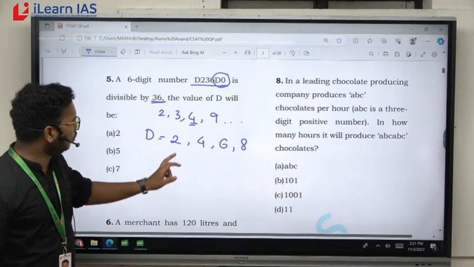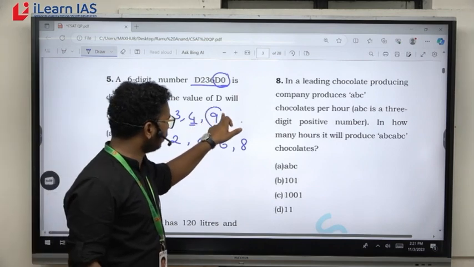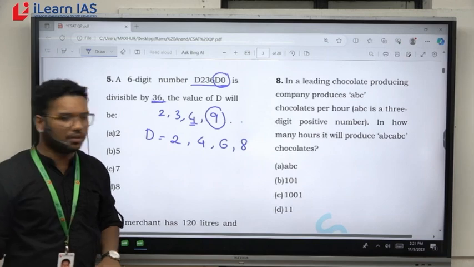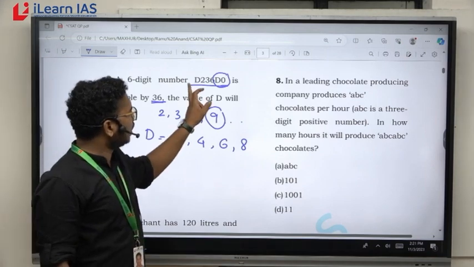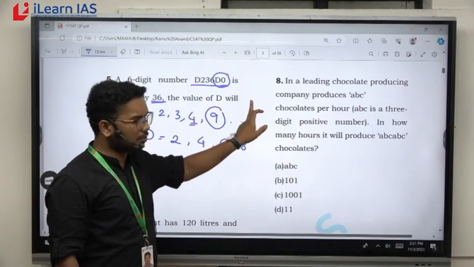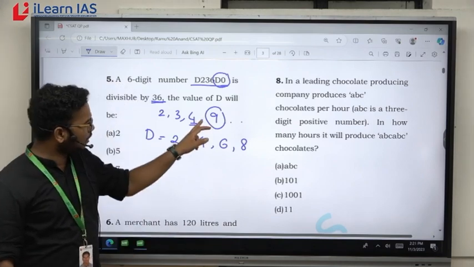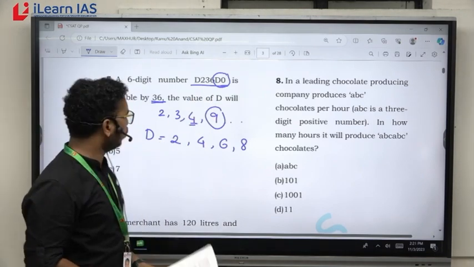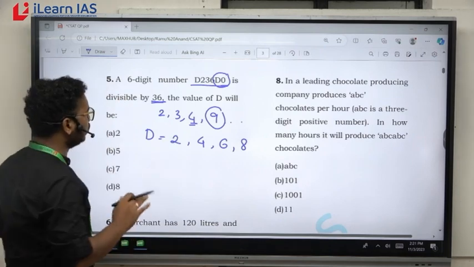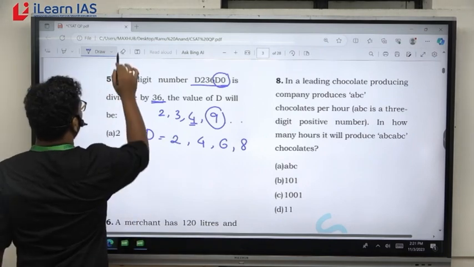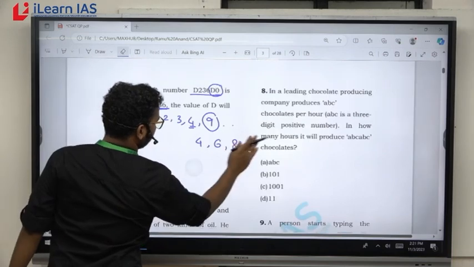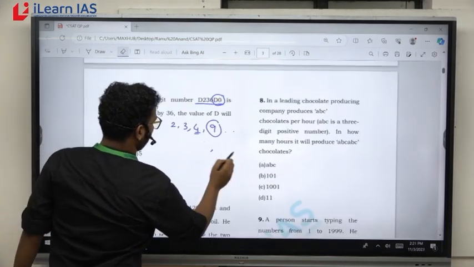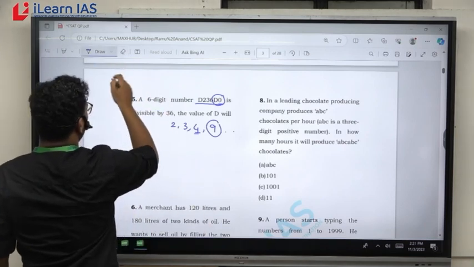Now, looking at the divisibility rule for 9, the rules for 9 and 3 are almost the same. For 3, the sum of the digits must be a multiple of 3, and for 9, the sum of the digits must be a multiple of 9. So we only need to check for 9. How do we check it?